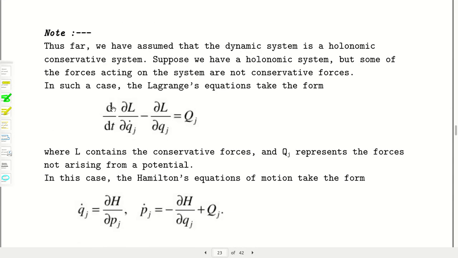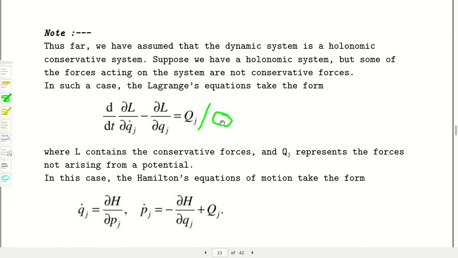Now let us note something. We know Lagrange's equation of motion, d dt del L del qj dot minus del L del qj is equal to sometimes 0 or sometimes Qj.